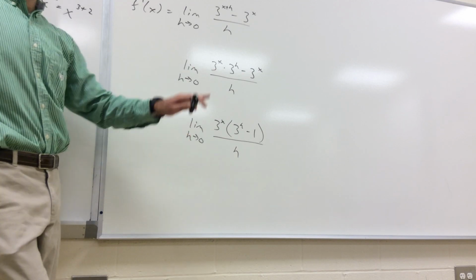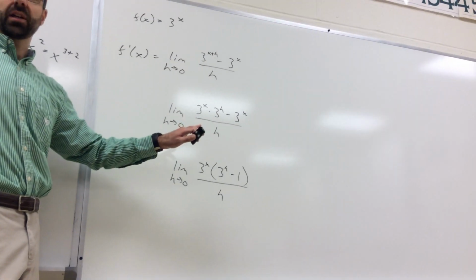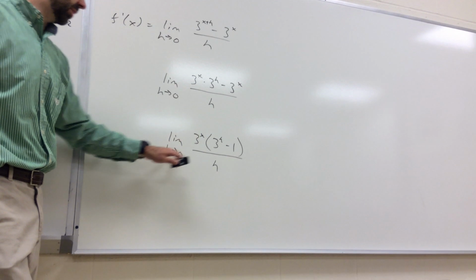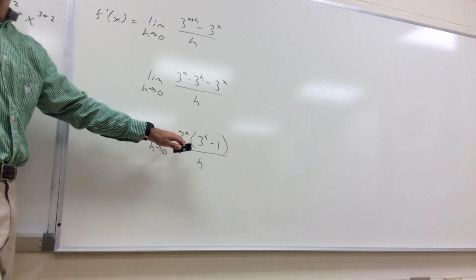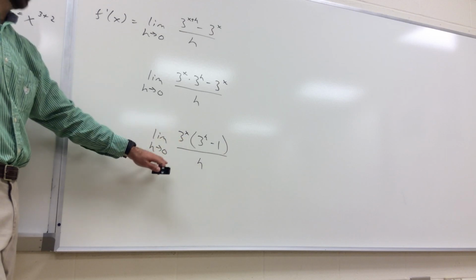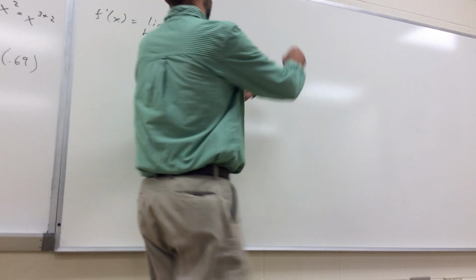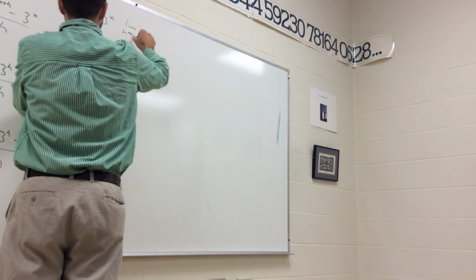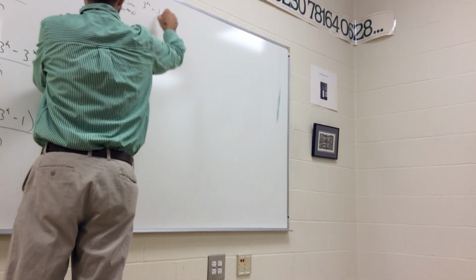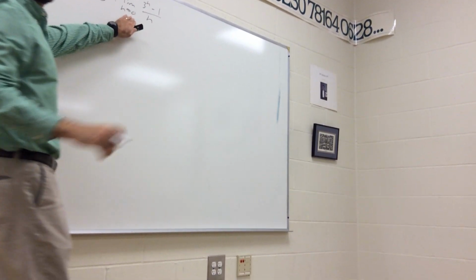And I'll still be able to split up the limits into the multiplications, right? Limit of the first thing times limit of that mess. The limit of 3 to the x is just 3 to the x, because that's a constant as far as h is concerned. And then I'm boiling it down to this limit of 3 to the h minus 1 all over h.